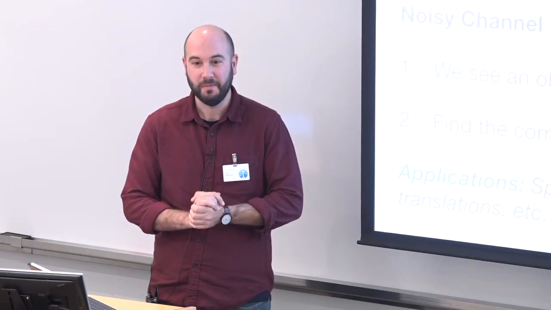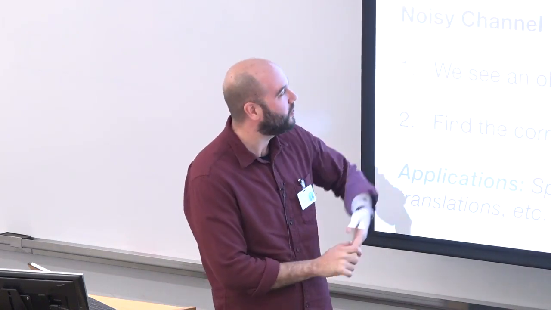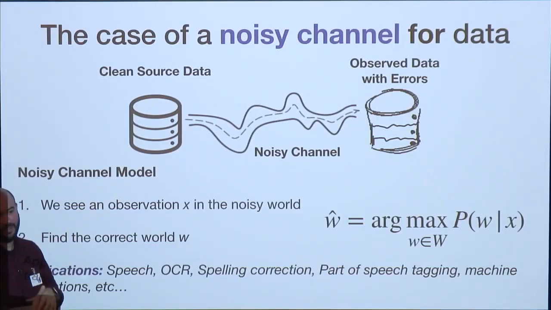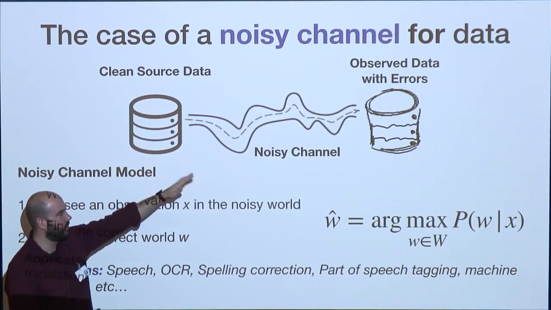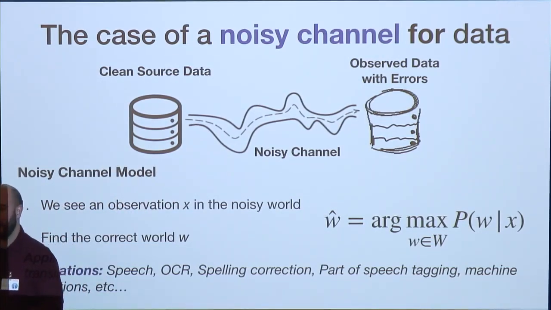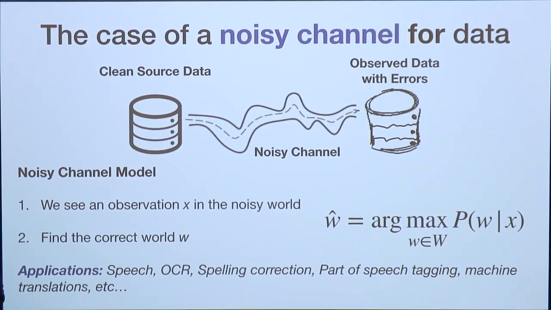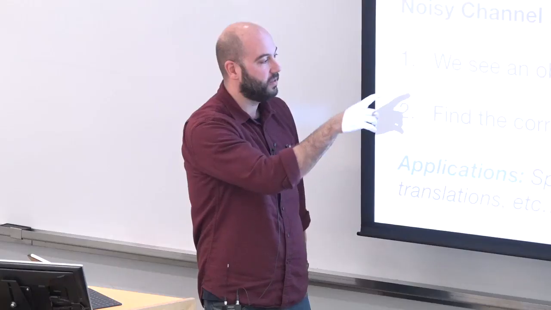Oh, only Bessa? So what is the noisy channel model? The noisy channel model assumes that you have a clean version of your world, and then it goes through a process that introduces errors, and all you observe is basically the erroneous version, the unclean version. Your goal now becomes, given that I observe that noisy version, to find the most probable correct world.